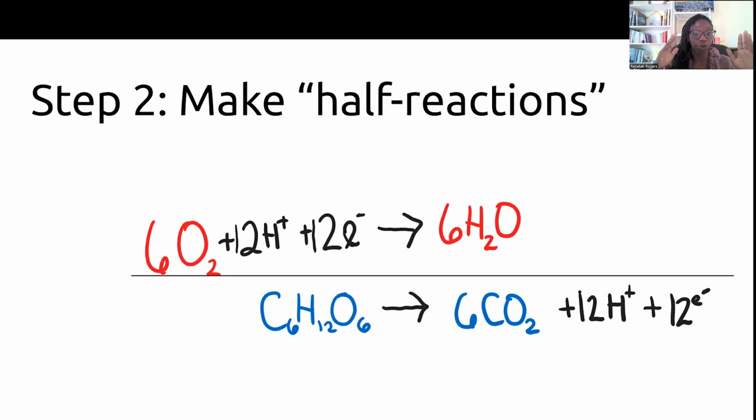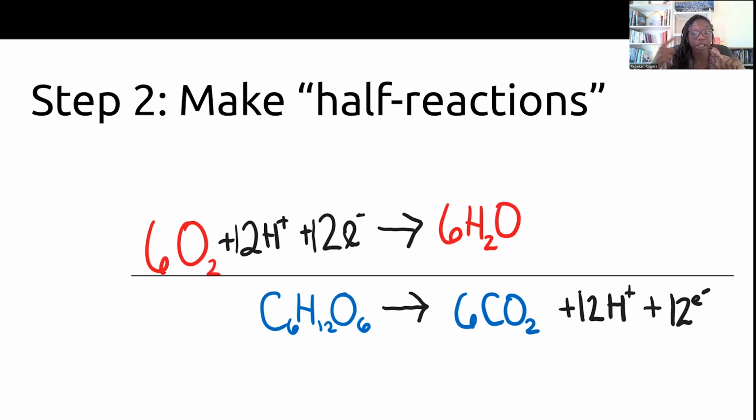So the 6O2 plus 12 hydrogens plus 12 electrons makes 6 waters. So the oxygen gains electrons, which means it is reduced. Good job.